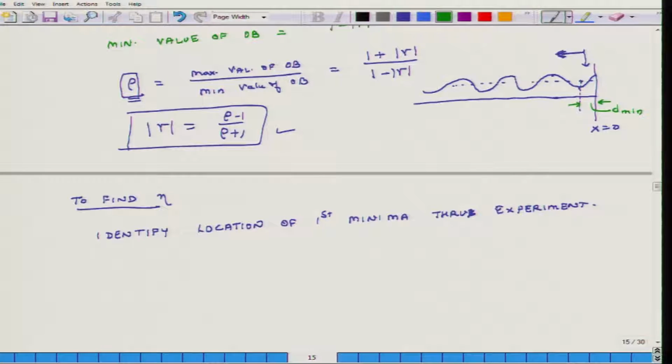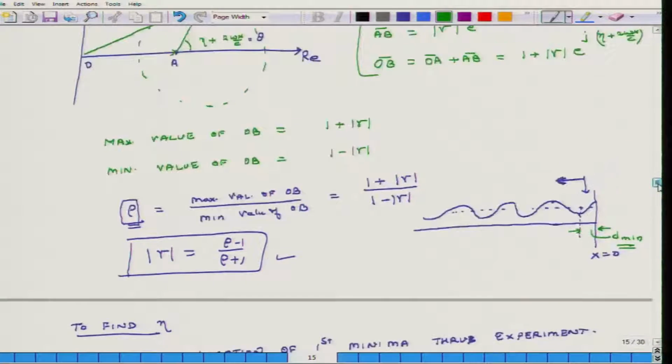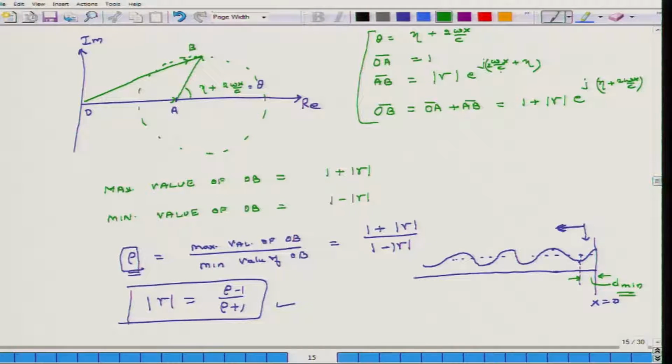Okay. So, what does this d min mean? Now let us look at this thing again. At this d min, the value of this thing is -1, because this corresponds to a minima, and when this is minima, the phase will be at pi radians, and when it is at pi radians, e to the power of j pi will be -1.